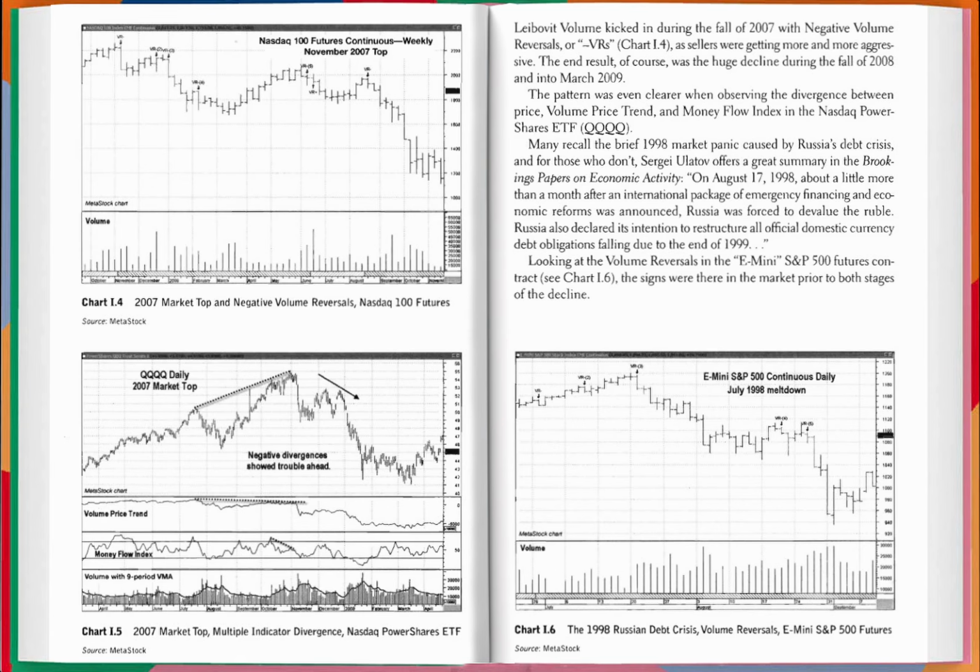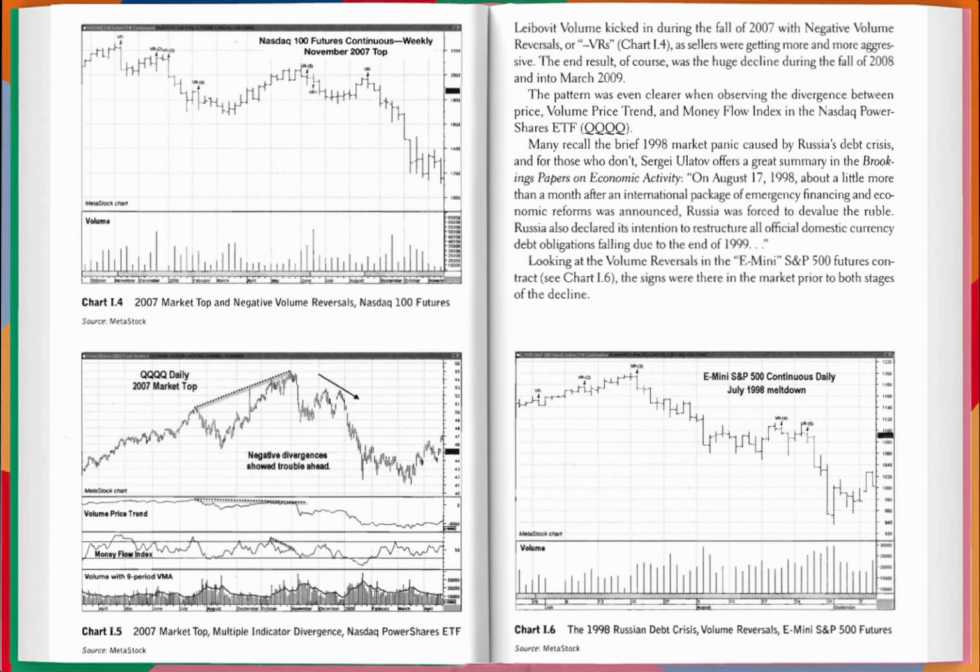The pattern was even clearer when observing the divergence between price, volume price trend, and money flow index in the Nasdaq PowerShares ETF, QQQQ. Many recall the brief 1998 market panic caused by Russia's debt crisis. And for those who don't, Sergei Ulatov offers a great summary in the Brookings Papers on Economic Activity.